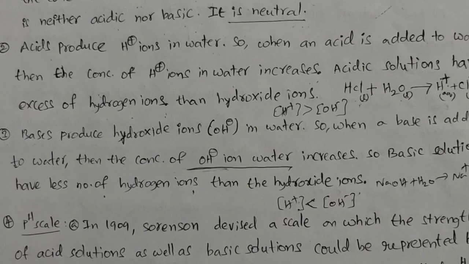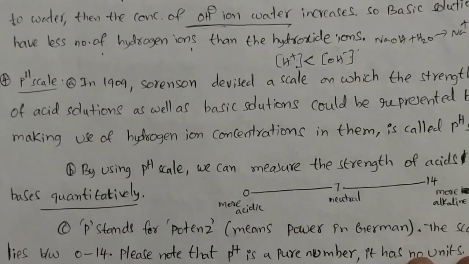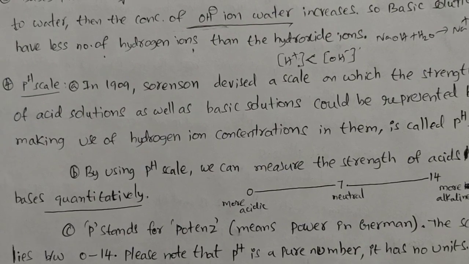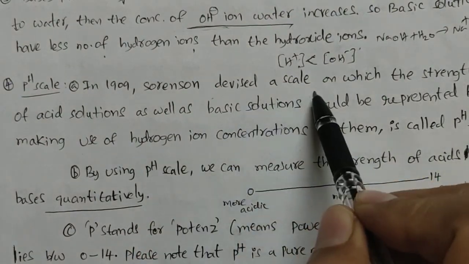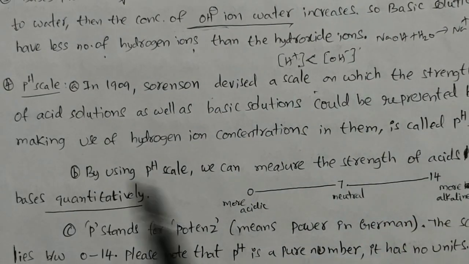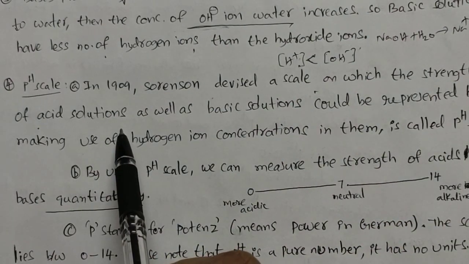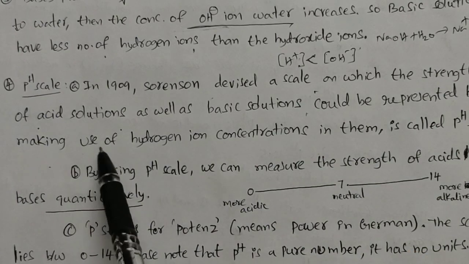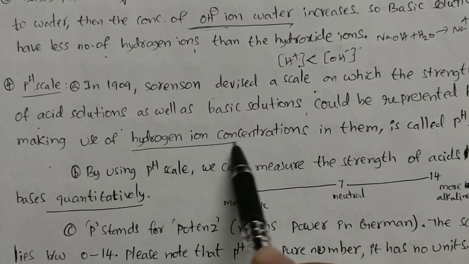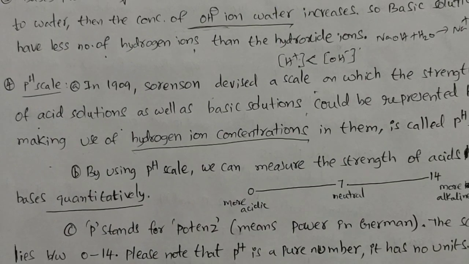Then in 1909, a scientist called Sorensen devised a scale on which the strength of acidic solutions as well as basic solutions could be represented, making use of the hydrogen ion concentrations present in them.